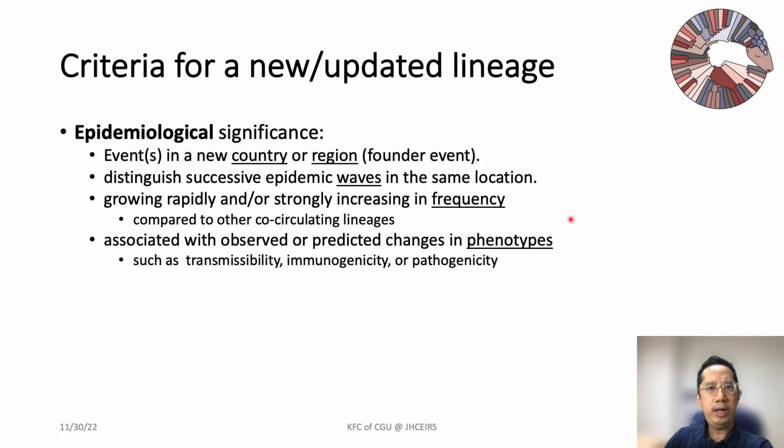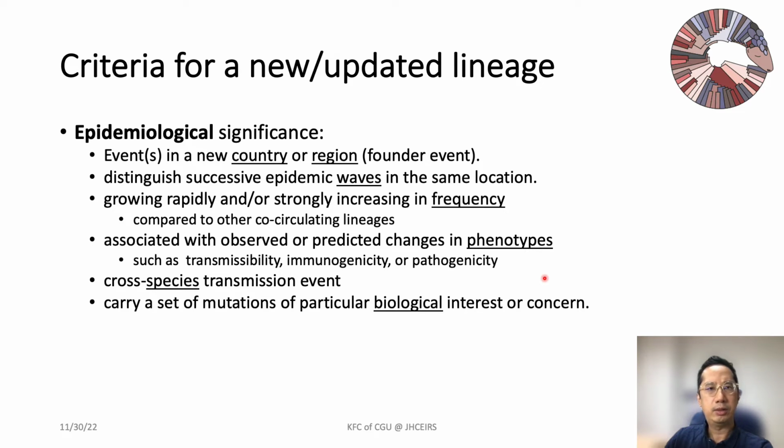They could also have a very different phenotype, say higher transmissibility, causing more people to be admitted to hospital or ICUs, or some immune escape feature. They could also represent cross-species transmission events, or carry a specific biological variant of concern.